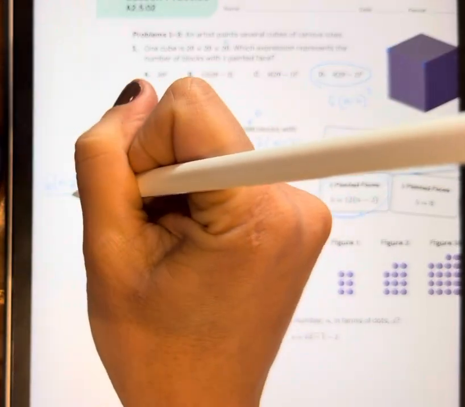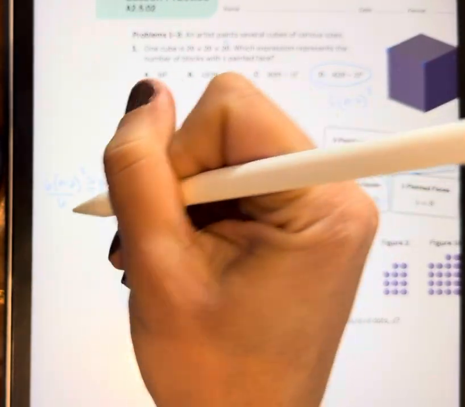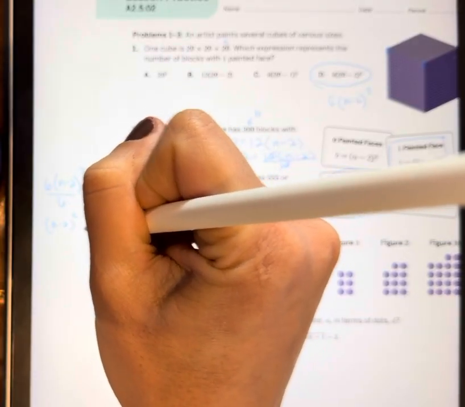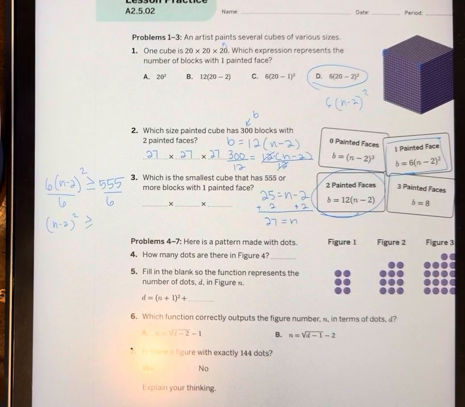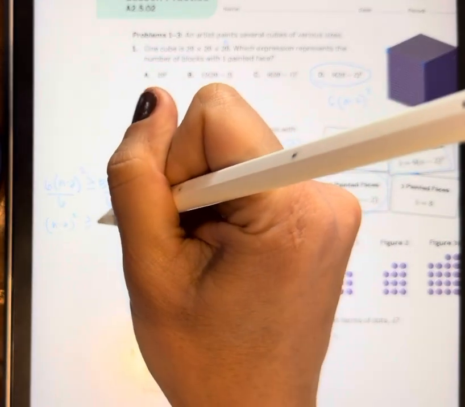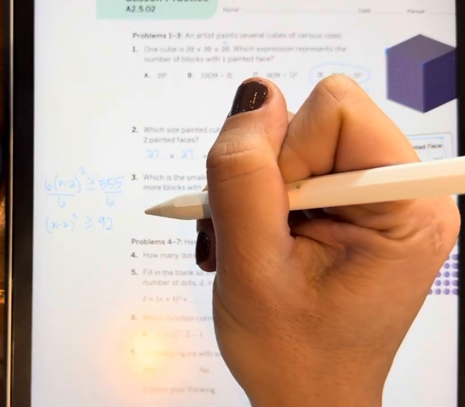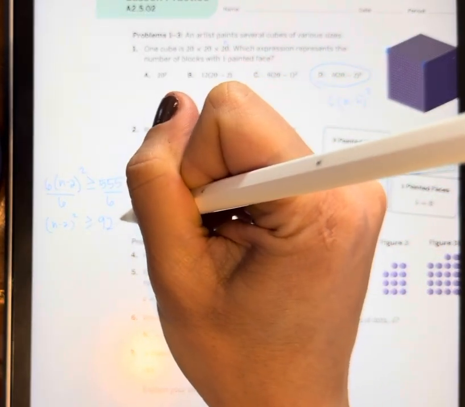So what we'll do is divide both sides by 6, and we get n-2 squared is greater than or equal to, and what do we got here? I need to start bringing a calculator. Okay, so 6 goes into that 9 times, and then we have 15, it goes into that 2 times, and then we have 30, it goes into that 5 times.